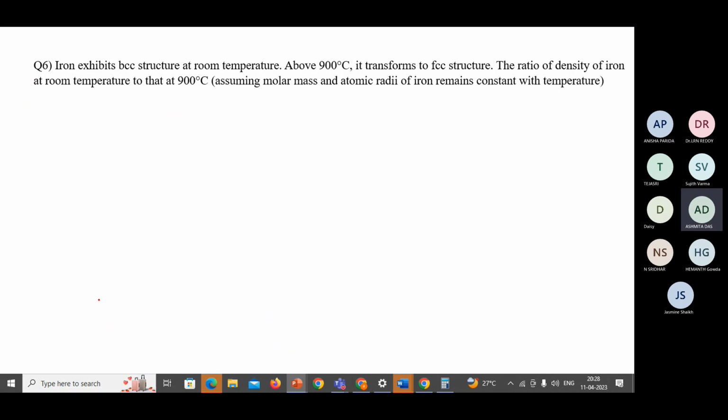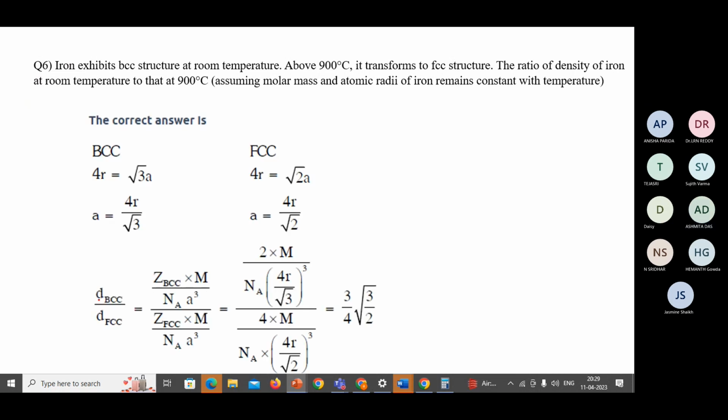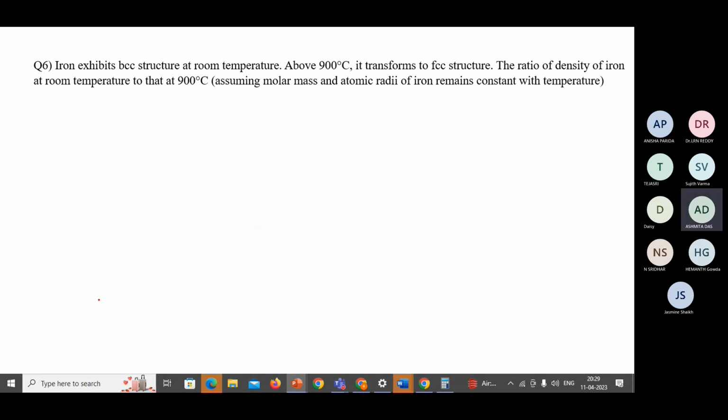Iron exhibits a BCC structure at room temperature, and above 900 degrees it transforms to an FCC structure. What is the ratio of density at room temperature to that at 900 degrees? Let's solve this one.